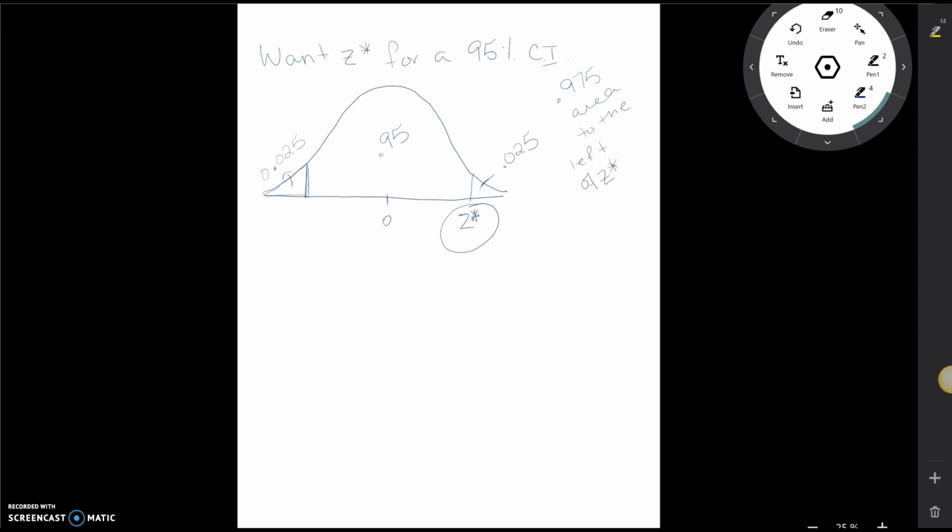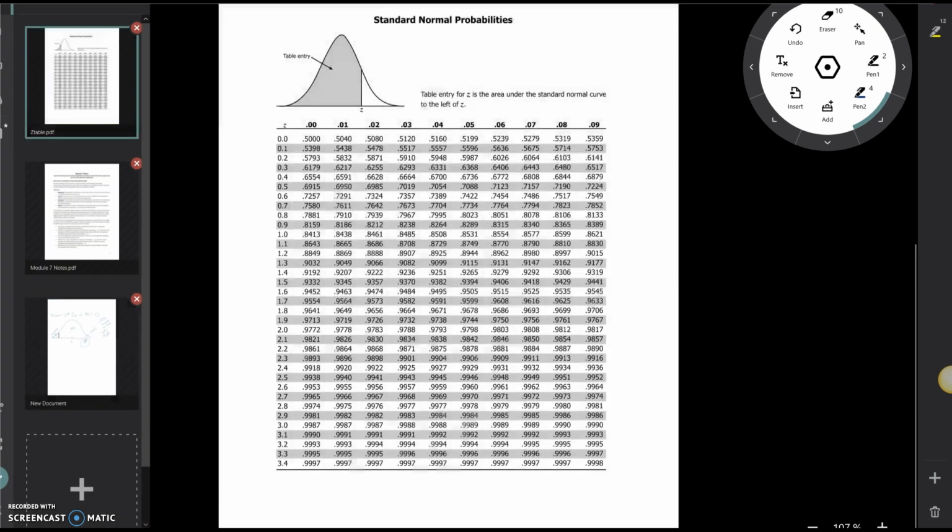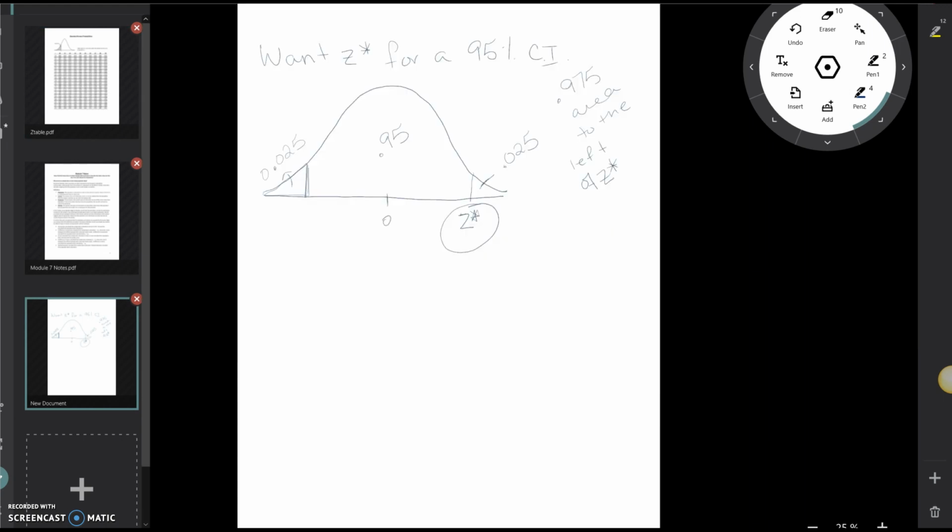So let's look at our standard normal table and see if we can figure out which z star has 0.975 area to the left. Remember that all of the numbers in the center tell us about areas, and we're looking for the area that has 0.975.